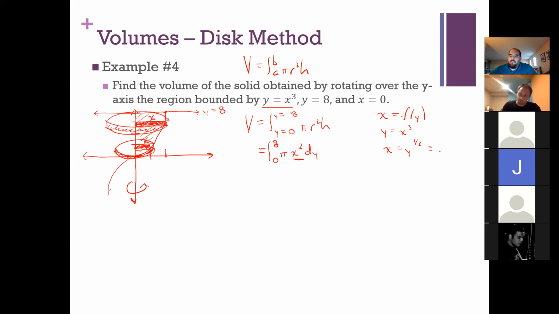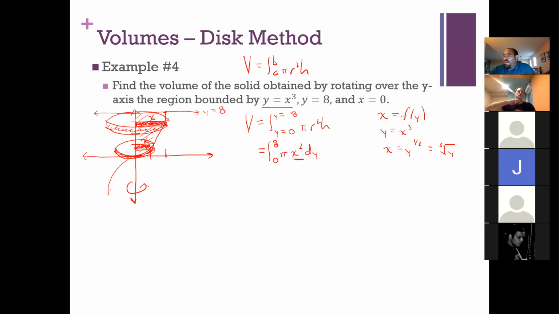Sorry to interrupt. So the one you were rotating around the y-axis, and this one is around the x-axis? So the x becomes the radius. I think you said it's the other way around. Every other example we've done, we've been revolving around the x-axis. And this one is revolving around the y-axis. Okay.